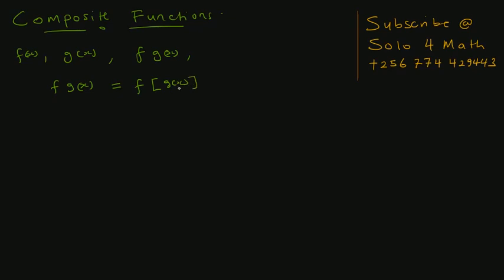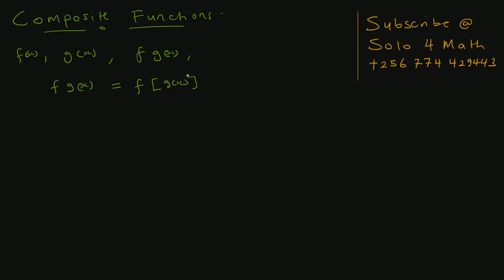You first find g(x), then after getting g(x), come back and feed it in the function f, which is given. So you're given two functions, and a combination of these functions is what we call a composite function.